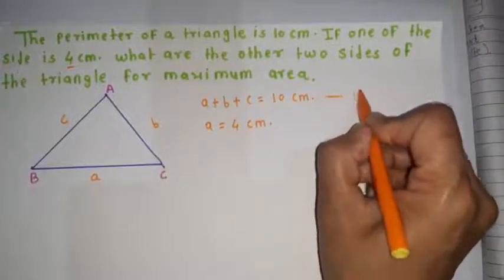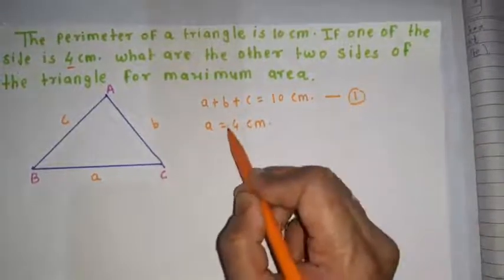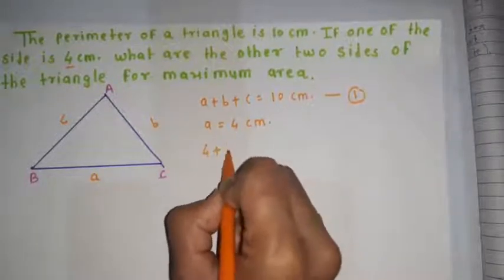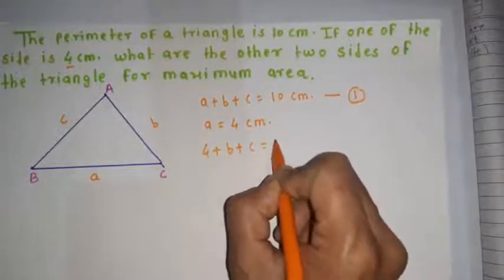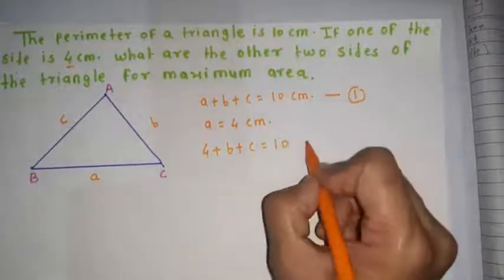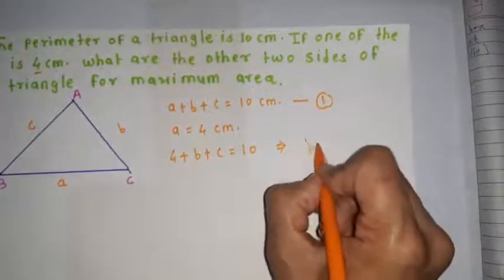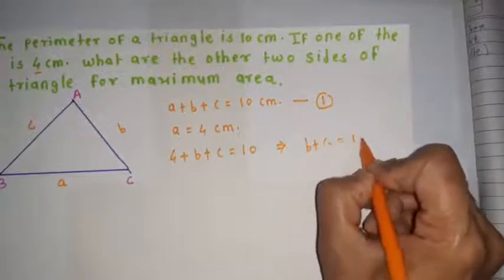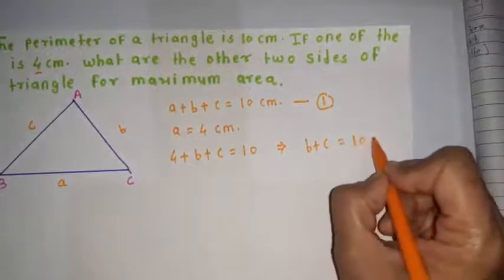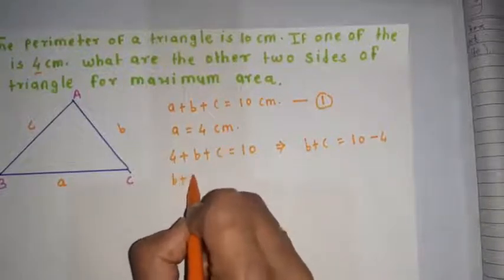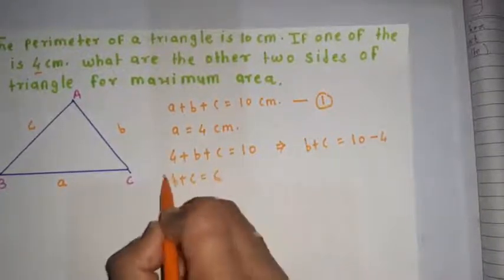Put this value in equation 1. We will get 4 plus b plus c equal to 10. Now from this, b plus c equal to 10 minus 4, and that is b plus c equal to 6.